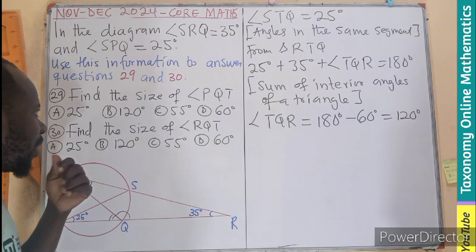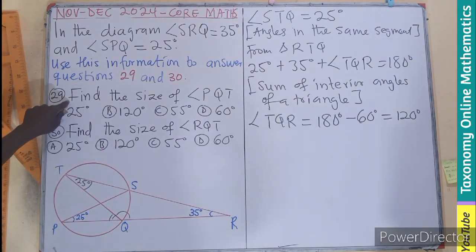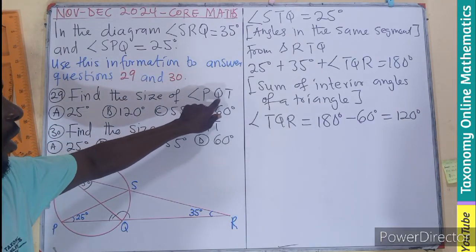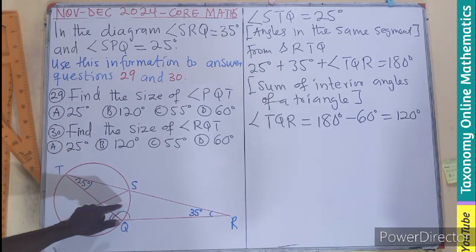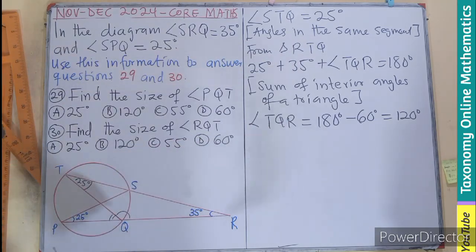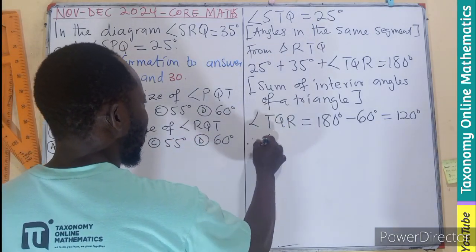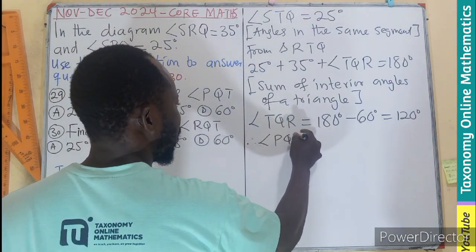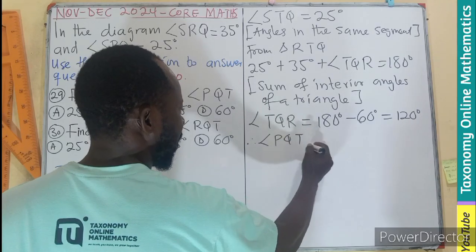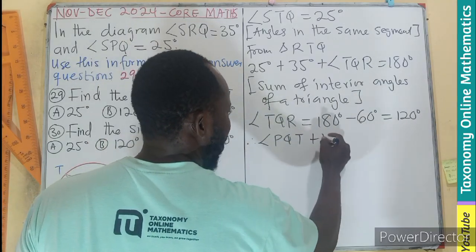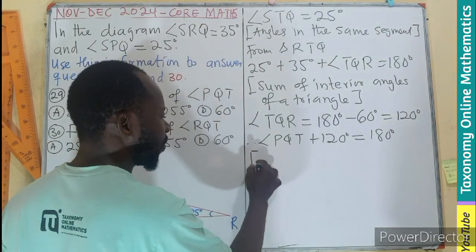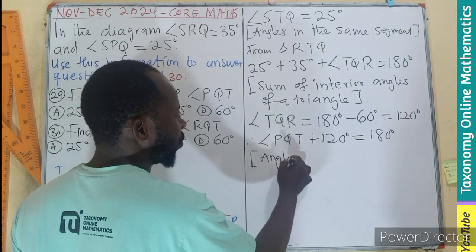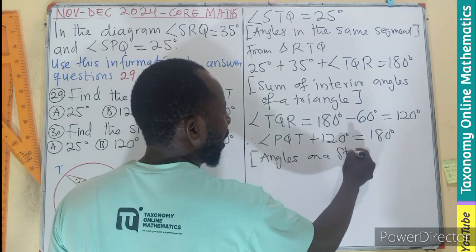Then what is next? Let's look at the first question. The first question is asking for PQT, which is this angle, which is supplementary to what we found. So I am only going to say that, therefore, the angle PQT plus the angle we found as 120 will give us 180 degrees. That will be angles on a straight line.